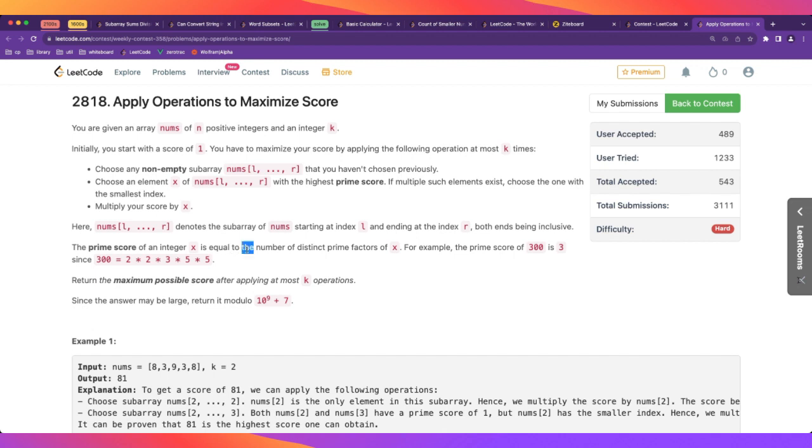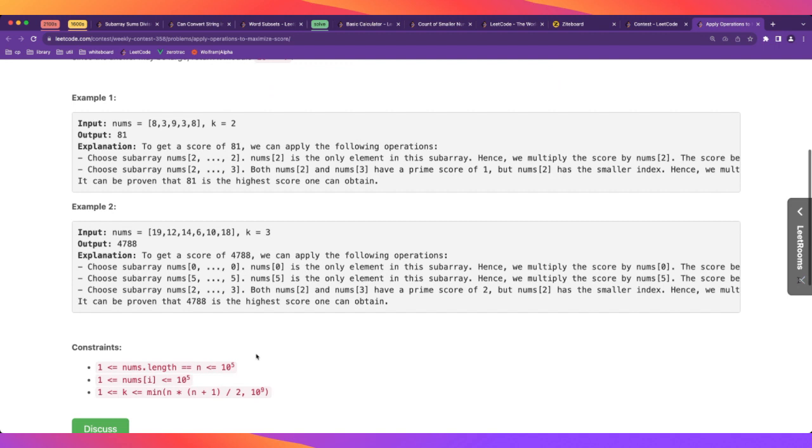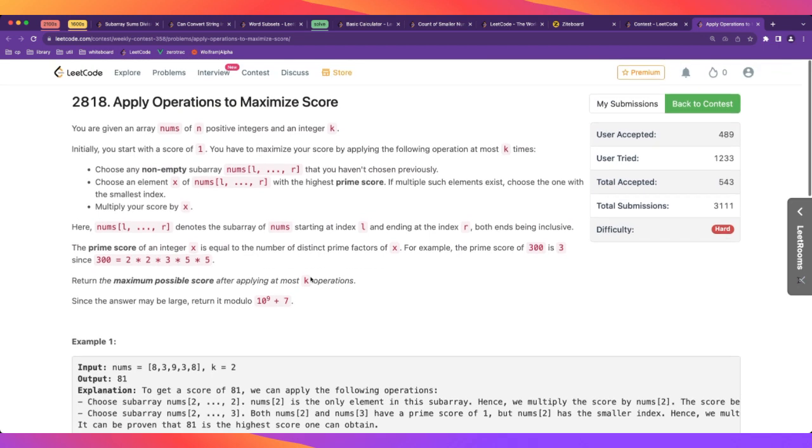I mean, well, there is a condition that it turns out it doesn't matter, but one observation here is that the number of distinct primes is pretty small for the numbers in this range. The values of the numbers can be up to 10 to the 5, right? That means that the number of unique primes that you can have is pretty small.